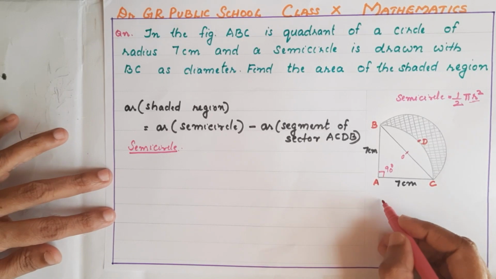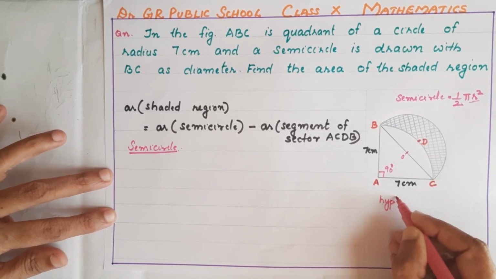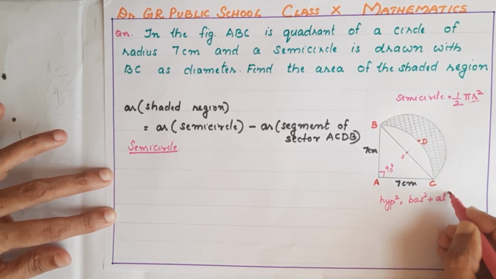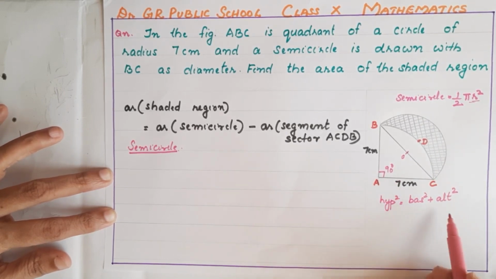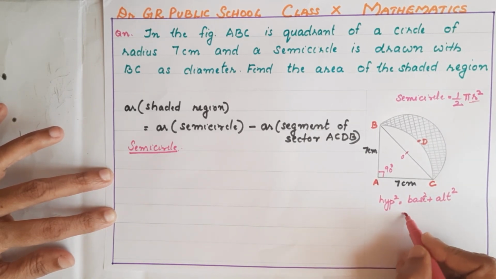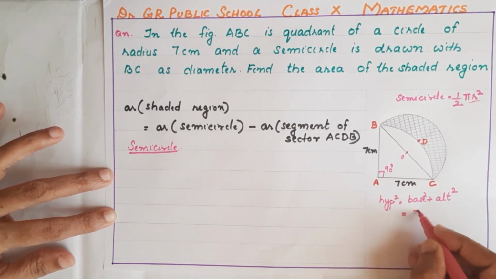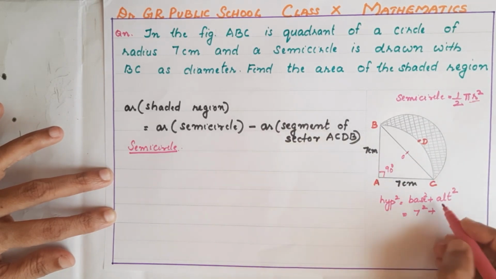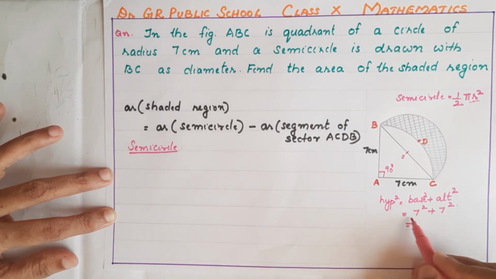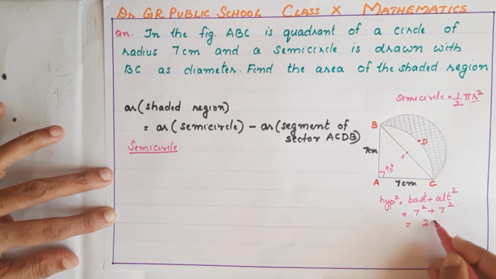Hypotenuse square is equal to, Pythagoras theorem, base square plus altitude square. Just like last question, here also we are applying base square plus altitude square. Base is 7. 7 square plus altitude also 7 square. Okay. So like last question, how can we write 7 square plus 7 square? We can write 2 times of 7 square.